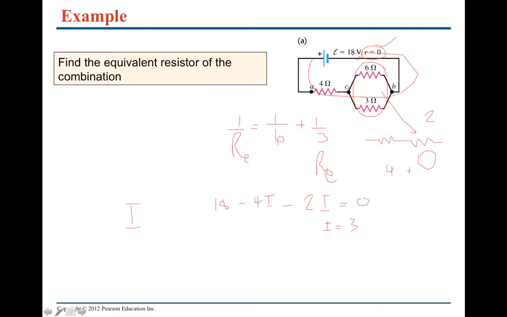Now this is I in here. When it comes to this junction, it's going to split or divide among these two.